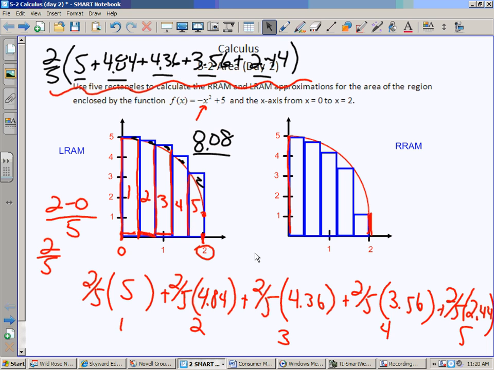And for the right-handed, this is going to be a little bit short because we are missing those. And so what did we come up with for that particular number? 6.48. There you go.